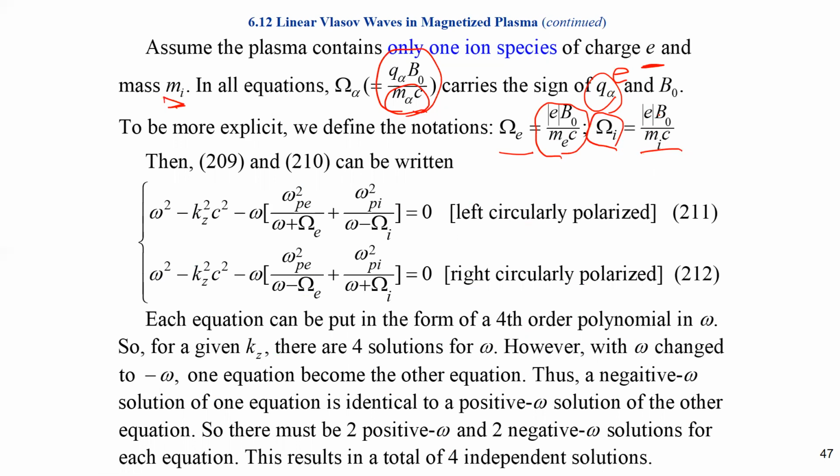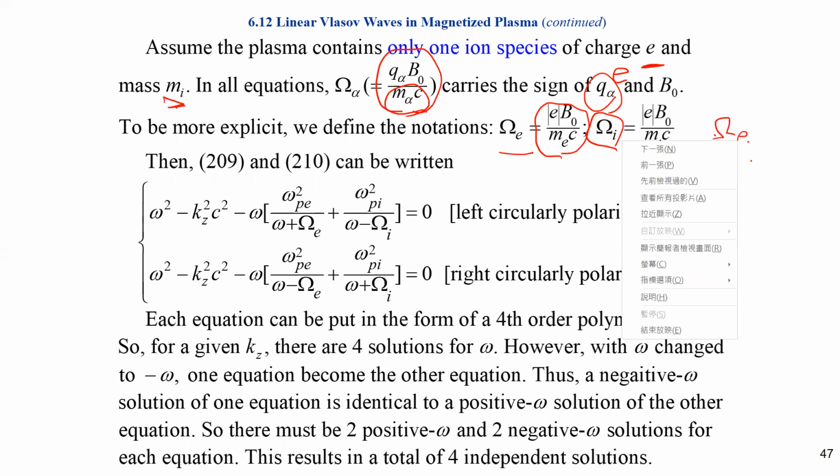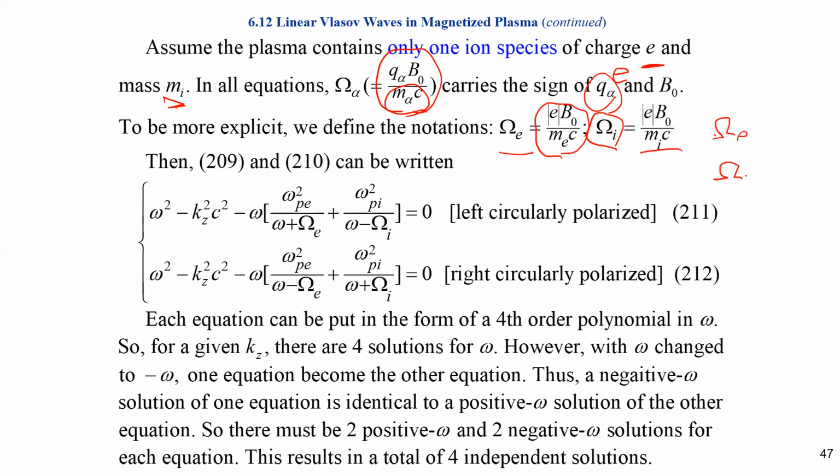Okay, so we have something in common. We have two cyclotron frequencies, omega_e and omega_i. Then equations 209 and 210 can be written, for electron and ion. They differ by a minus sign.